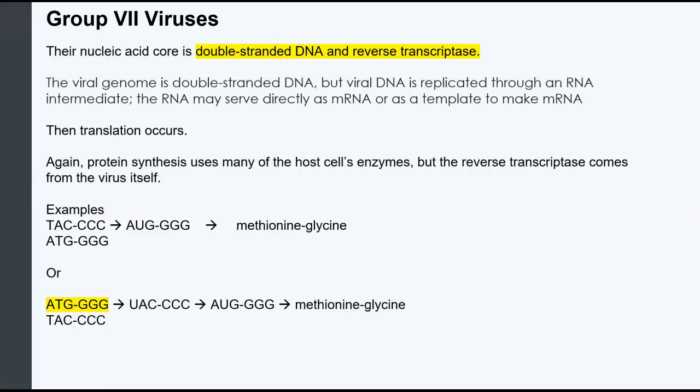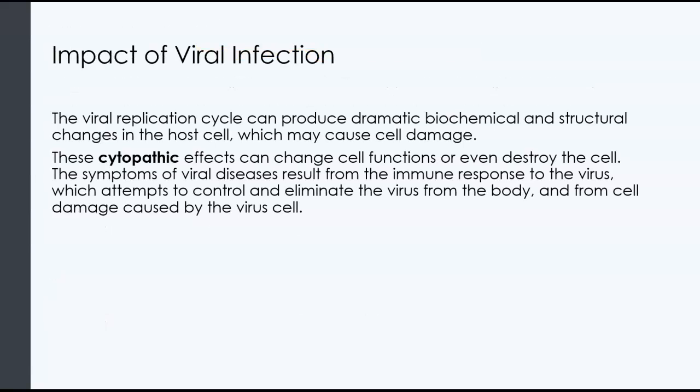Really, group 7 is very, very tricky. It's just the most complicated one to understand. But that's basically how it works. It's got double-stranded DNA and reverse transcriptase, so it doesn't carry out transcription in the same way that living cells do, because living cells don't contain reverse transcriptase.